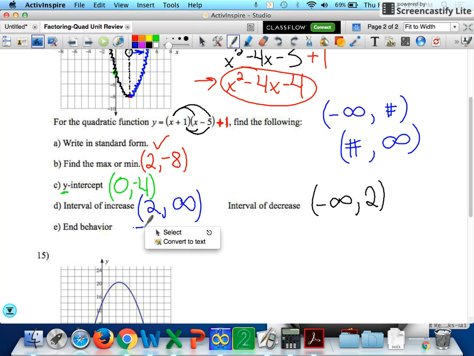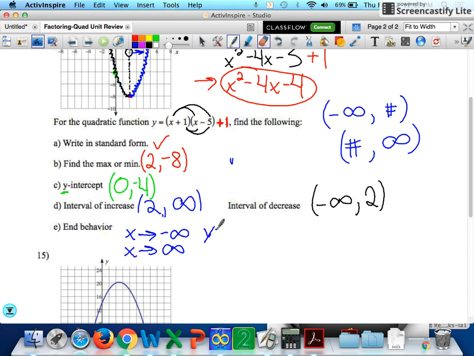Speaking of what answers should look like, for end behavior, you're always going to write as x goes to the left and as x goes to the right. That's -infinity to positive infinity.